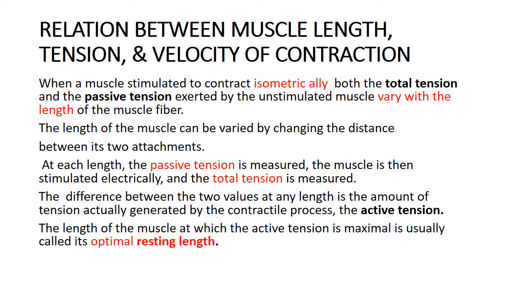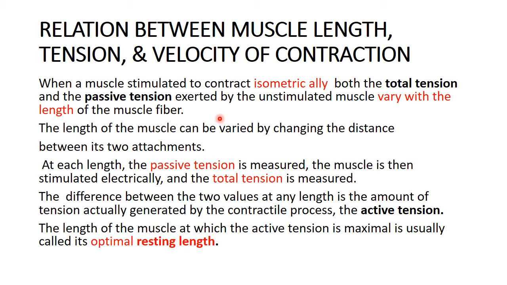So there is a very well-defined relationship between the length, tension and velocity of the contraction. When the muscle is stimulated to contract isometrically, both total tension and passive tension, exerted by the unstimulated muscle, vary with the length of the muscle fiber. And here the Frank-Starling law applies.